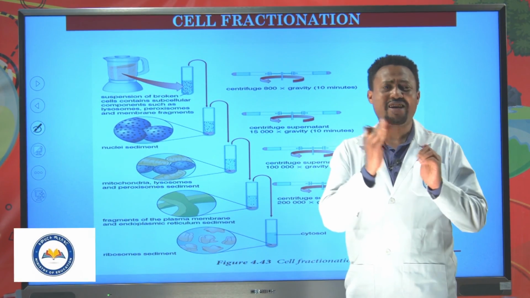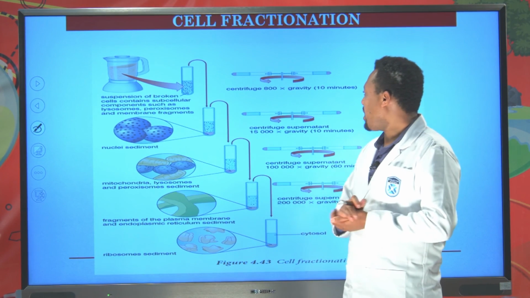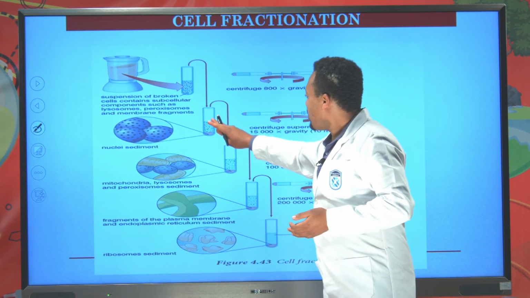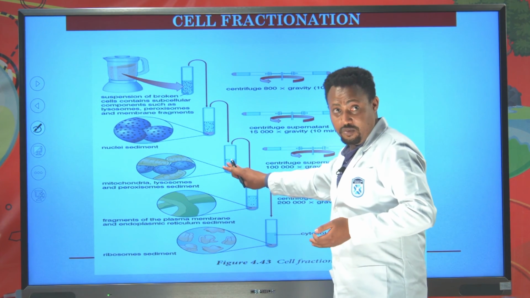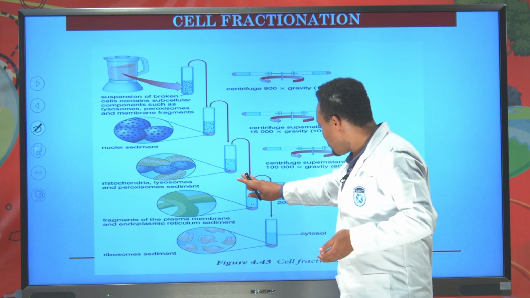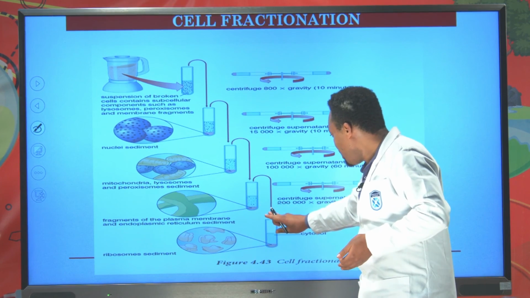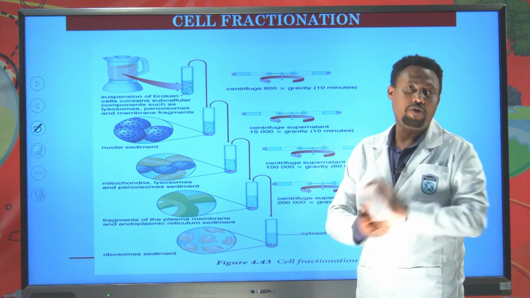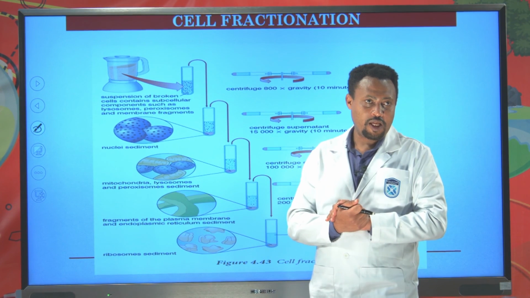This machine rotates at different speeds to separate the bigger ones like the nucleus, then the mitochondria, a little bit smaller, then lysosomes and peroxisomes, and it goes on until it separates the very smallest ones, called ribosomes.